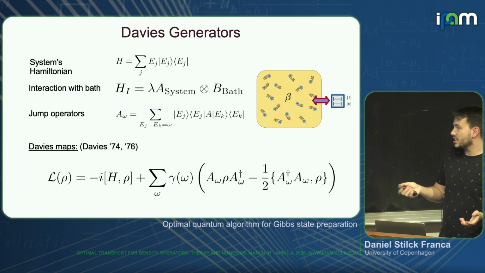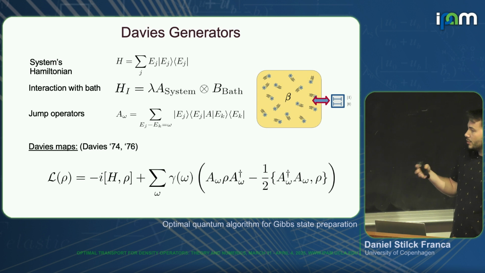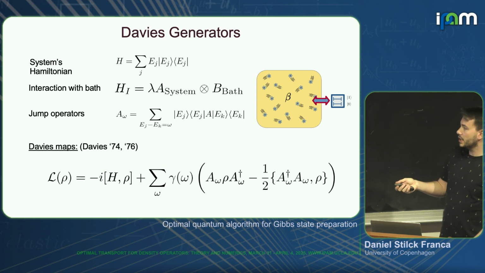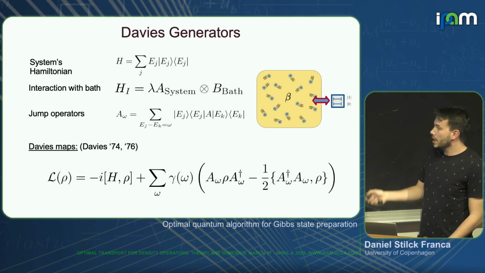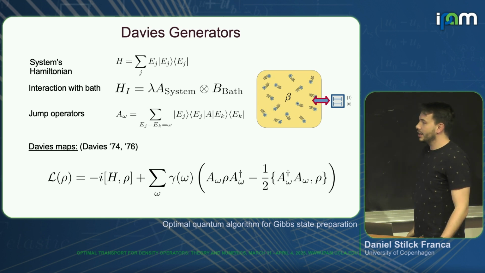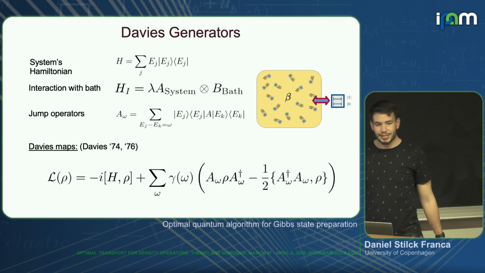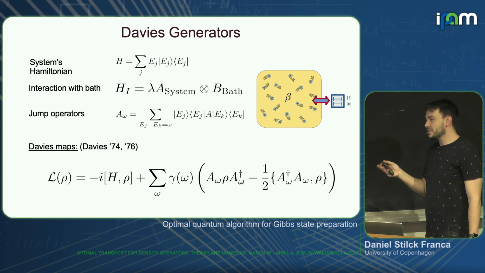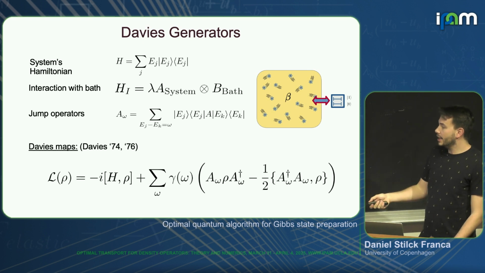So essentially what you get, and this is not necessarily recent stuff, the idea from Davies is that you have some quantum system with your Hamiltonian H. It's coupled to a bath, you assume it to be weakly coupled, and you have some jump operators. And then if you do some manipulations, and it's non-trivial, and some of them I also don't find that easy to justify, but let's not care about that.